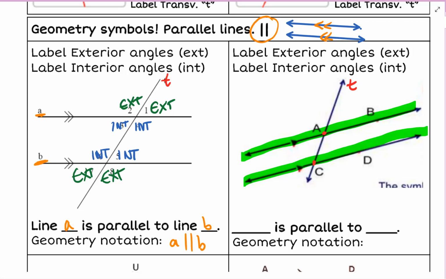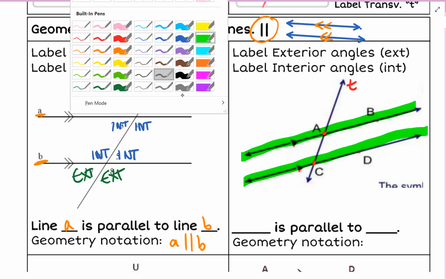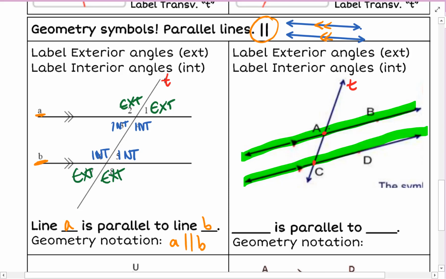Well, you can talk about those lines using the letters of some points that are on those lines. I see A, B are points on the first line, and C and D are points on the second line. So I will say line AB, and remember in geometry to indicate that it's a line, we'll put a line on top.